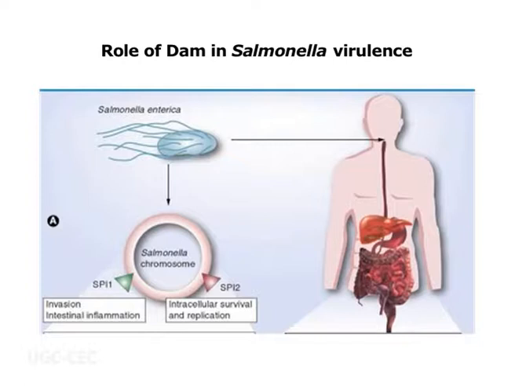As a result, you can see that it displays altered morphological structure. Like there is a distorted outer membrane, and the proteins are leaked out from the DAM mutants. It is not able to produce proper pili, and as a result the pathogenicity island is also altered because of the absence of DAM, and as a result it is not able to establish infection in the host immune system.